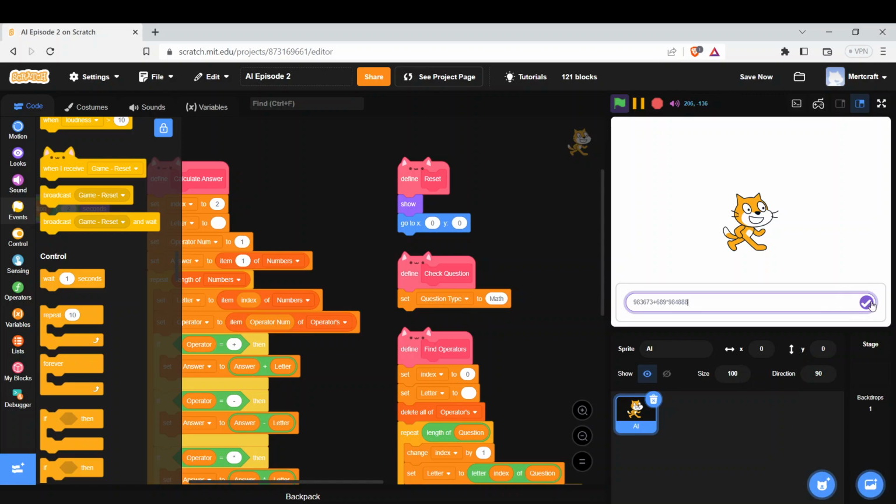Okay, I don't know what the answer to this is, and that's divided by 3. So I don't know what this is.